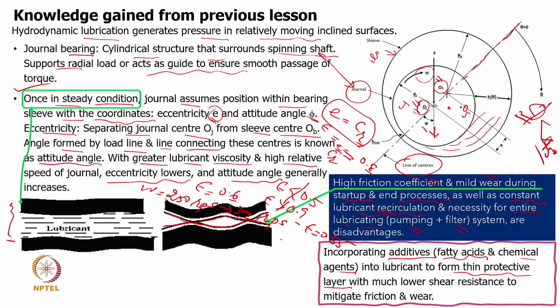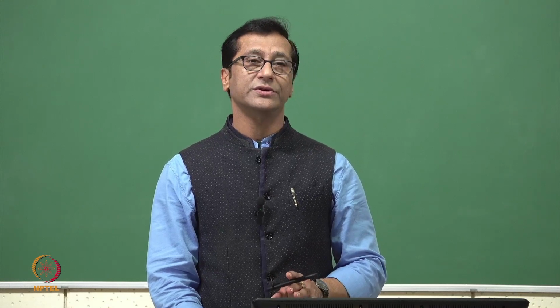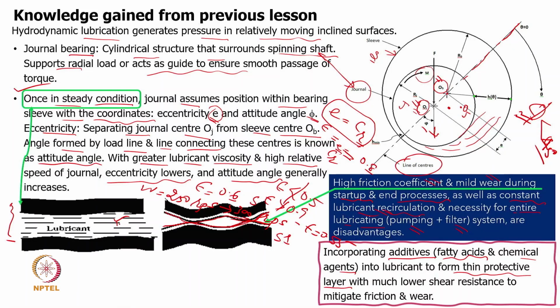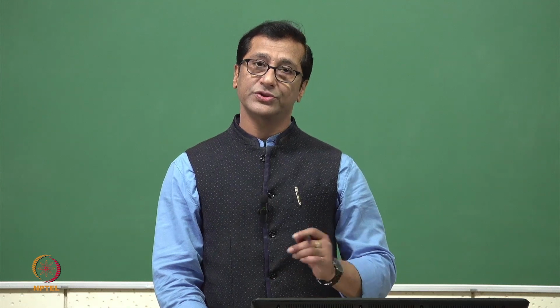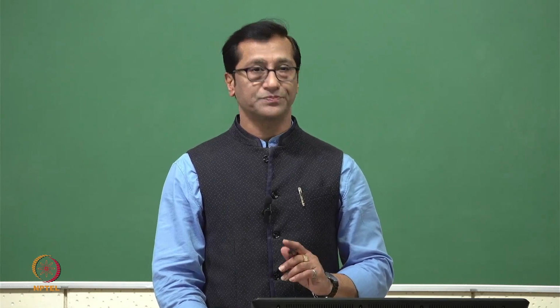Assume there is surface 1 with a protective lubricant layer on it, and surface 2 also has a lubricant layer on it. This is what we require, particularly when we want to minimize friction and wear even in transient situations. So in an actual situation, we require a liquid lubricant, but additives should be mixed, and physical adsorption or chemical absorption should happen so that surfaces are protected even in transient conditions.